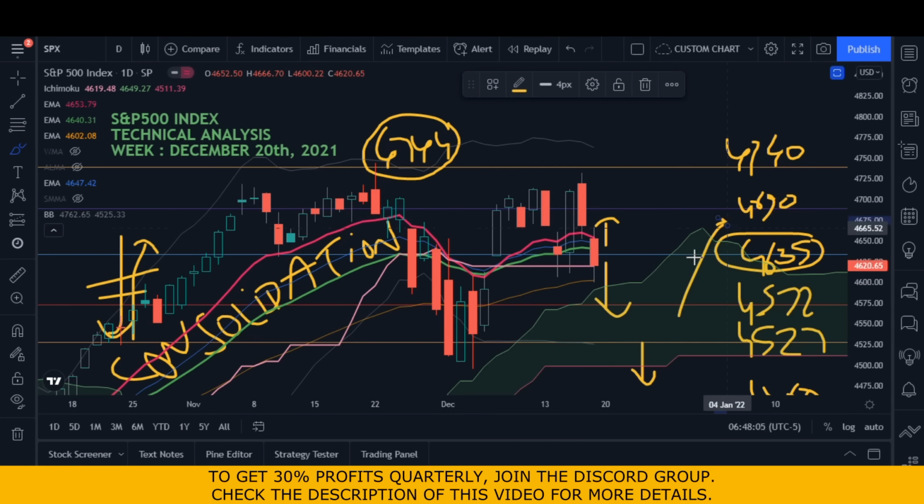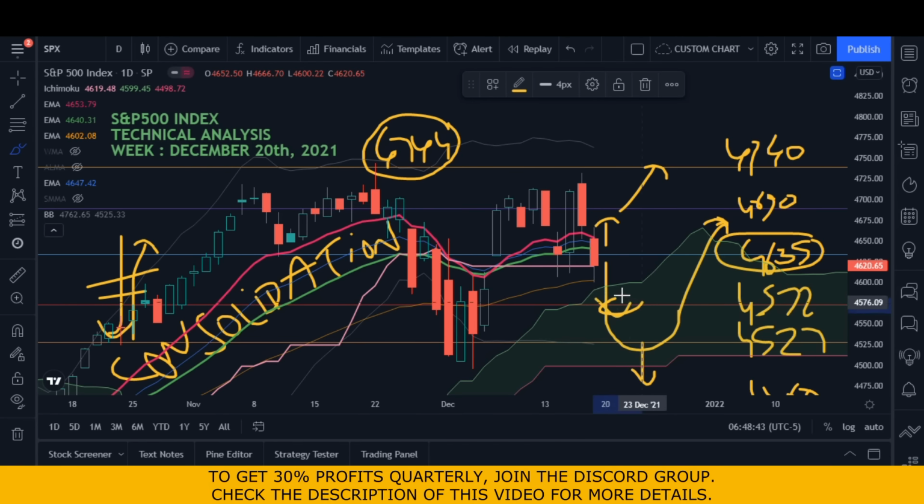2 consecutive candles here on the bull side, it will move up. And if there is only one bearish candle here, then it will try to enter the Ichimoku. But before it could actually break the Ichimoku, when it comes down, it will try to take a U-turn, a rebound.